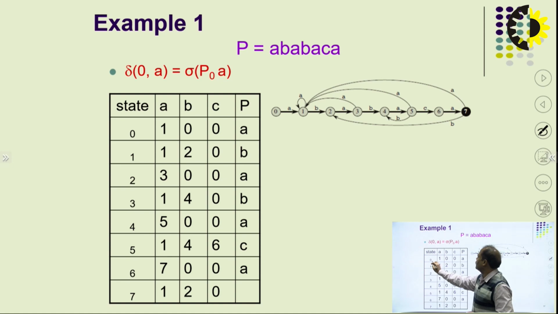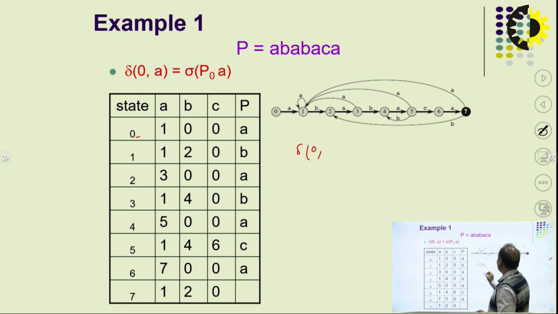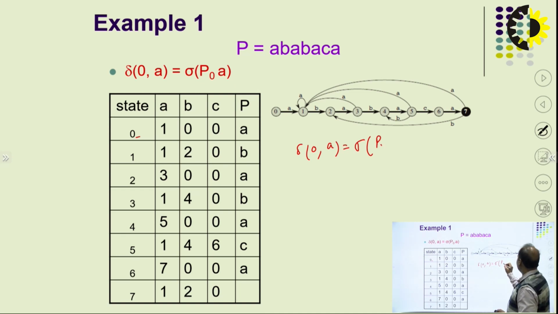Suppose we start from state 0. Delta of 0 comma a means sigma of P0 a. P0 is epsilon, there is no pattern up to P0.